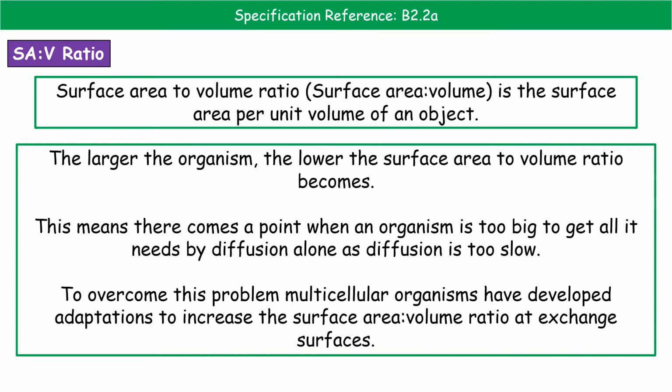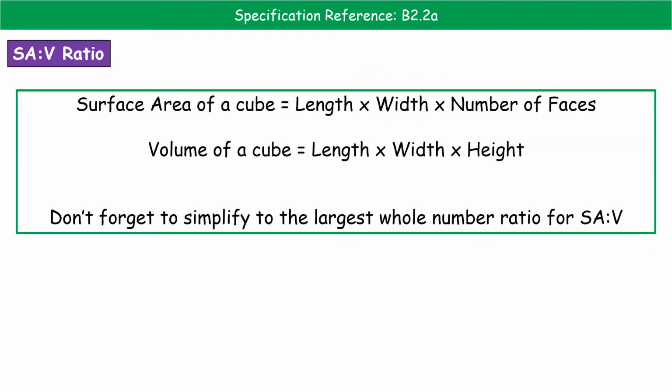Because of that, we would normally be limited to a certain size if all we had was diffusion at our disposal. But we're not limited in size to a great extent, because multicellular organisms have developed special adaptations. The whole purpose of these adaptations is to increase that surface area to volume ratio at those key exchange sites, things like the lungs, for example.